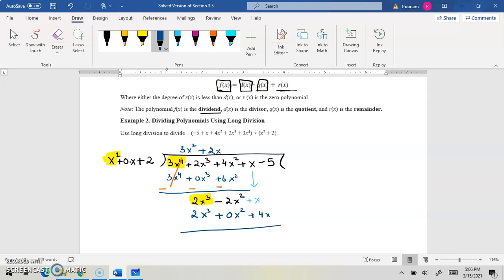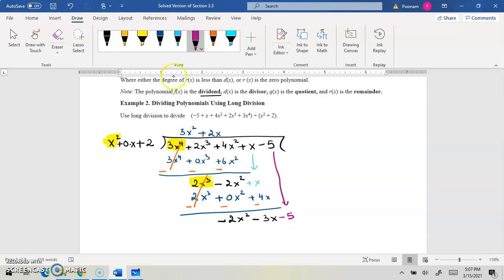We have to subtract. For subtracting, we have to change the signs of the bottom polynomials. This cancels. Negative 2x square minus 0x square would be negative 2x square. x minus 4x would be minus 3x. And this negative 5 comes down.